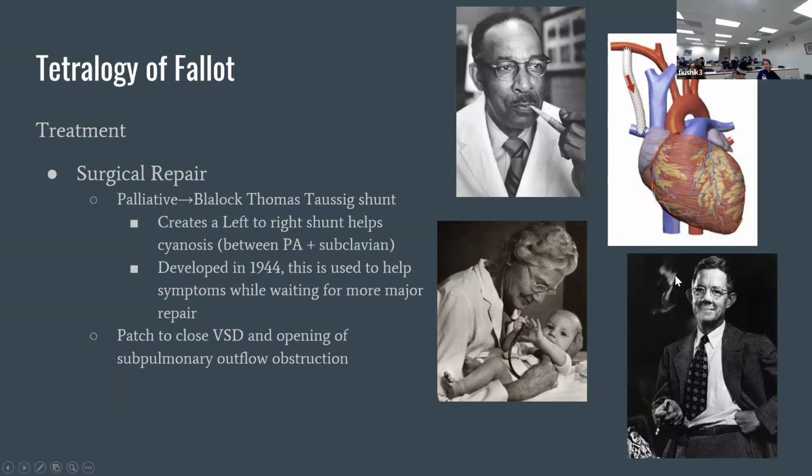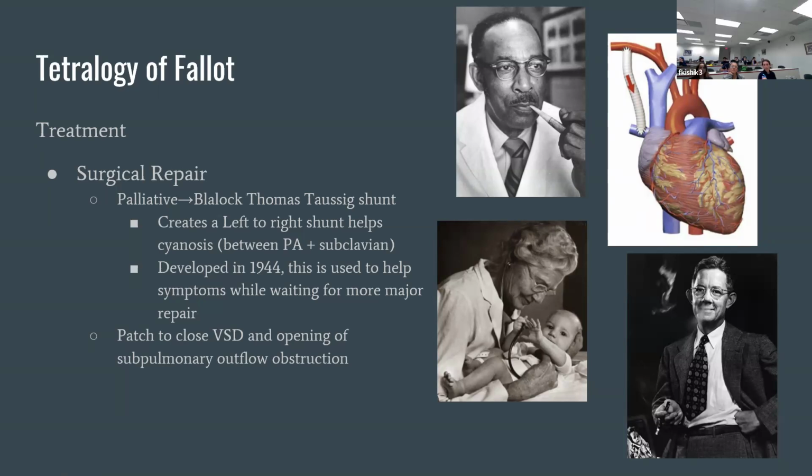Okay, so if this is, let's see, they're making a left to right shunt. So in turn, even though this is still half oxygenated, half deoxygenated blood in the aorta, they're recycling it back into the RV to slightly increase the oxygenated blood on the right side of the heart that's being shunted.